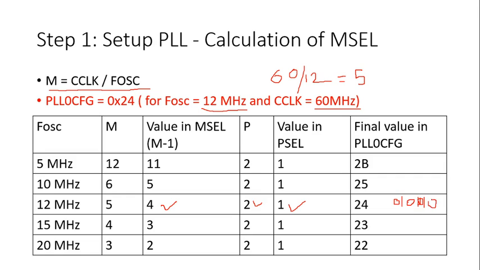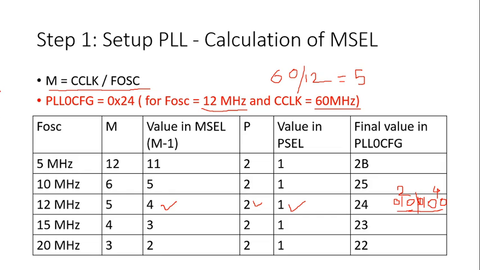Remember, I am talking about 5 bits. If I want to write 4 in 5 bits, it will be 0, 0, 1, 0, 0. If I divide it into groups of 4 bits, this comes out as 4 and this comes out as 2. So you are getting the configuration register bits as 24.